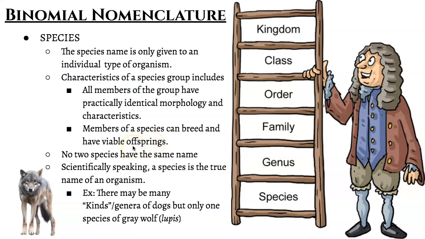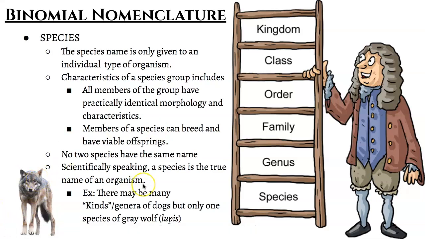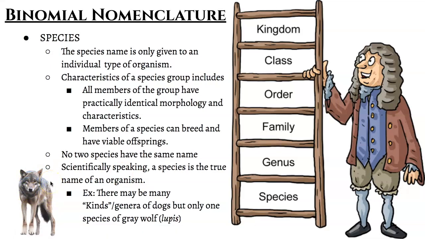All right? So, the technical definition, there's several different definitions, but the one that we're sticking with for this class is that if it can breed, in other words, if you had a wolf from North America breed with a wolf from Europe and they had pups, and then those pups were able to reproduce and have pups of their own, that would mean that the North American wolf and the European wolf were the same species.